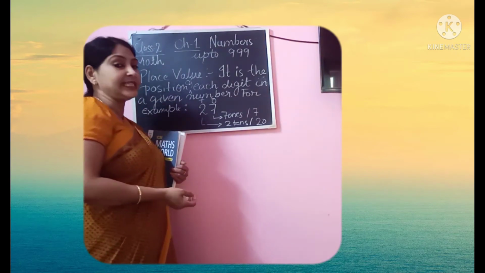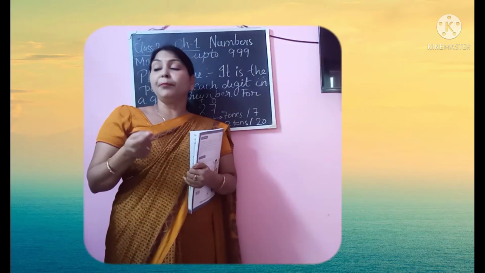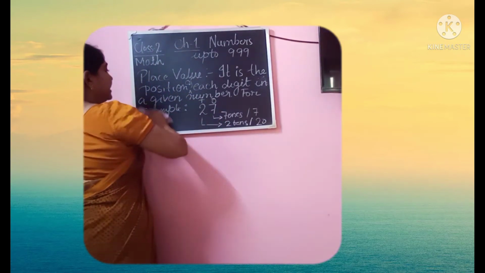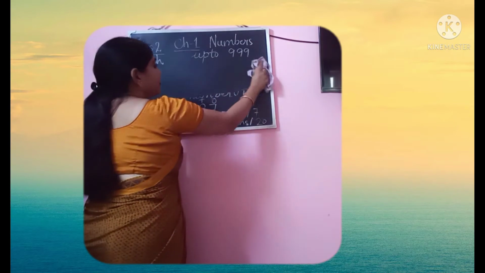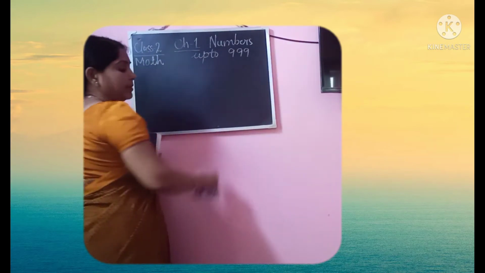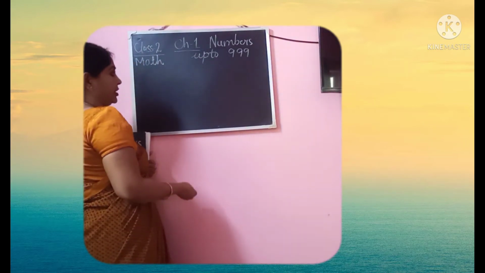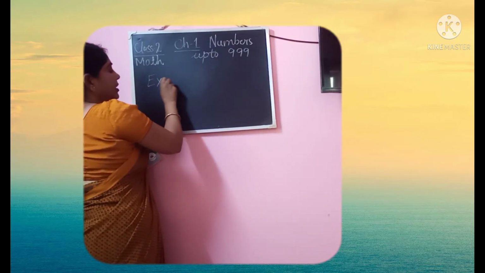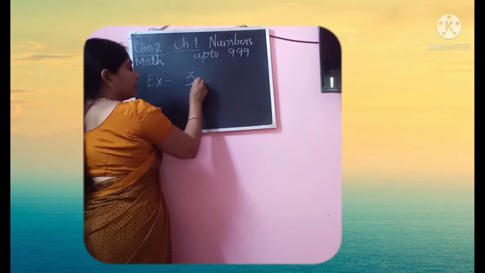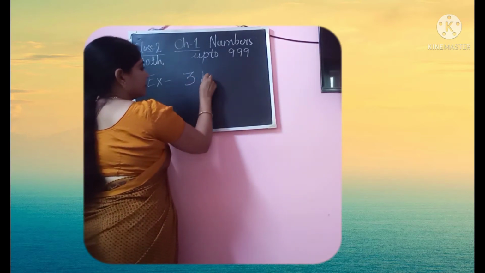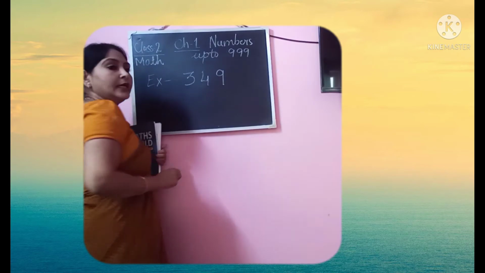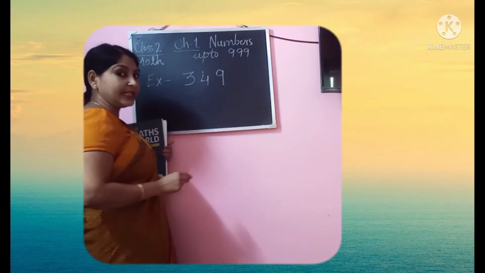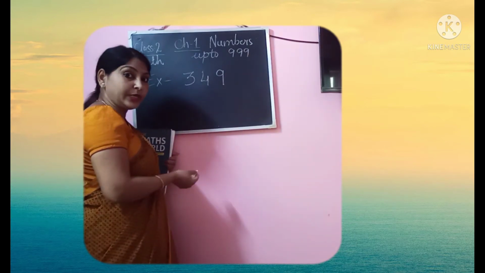Okay. Let us take some more examples to understand the place value. Say for example, I'll take a few examples from your book itself. I am writing, say for example, a 3-digit number. Okay. And we will try to find out the place value of each digit. This is a 3-digit number. How many digits? 1, 2, 3. Now what are the place values of individual digits?